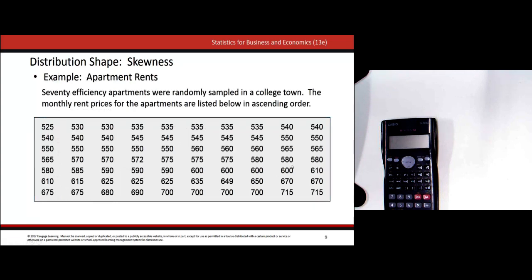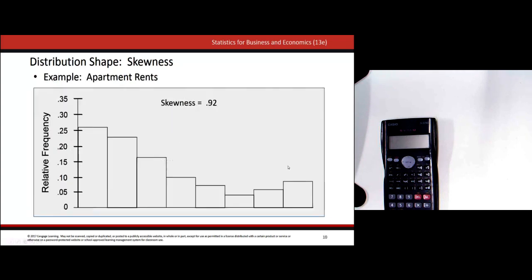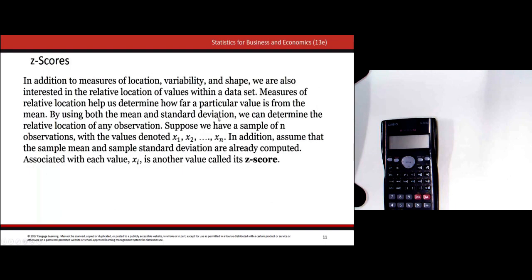Now for this example, this is the histogram, this is also right skewed. Skewness is 0.92 here. So then for a symmetric distribution, the mean and the median are equal. So you can have right skewed or left skewed distributions.